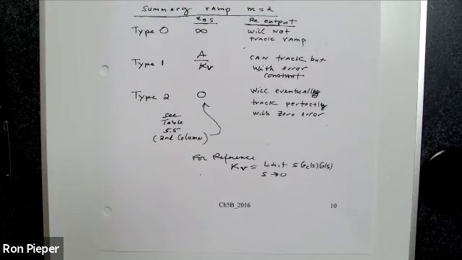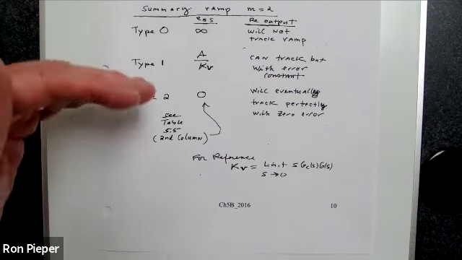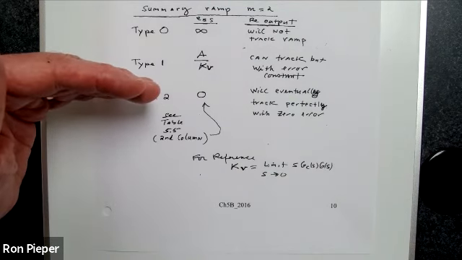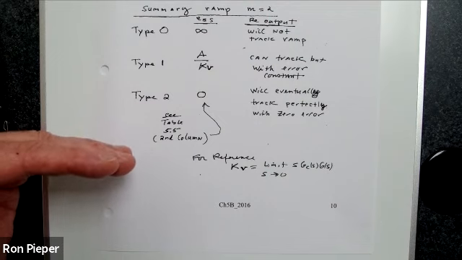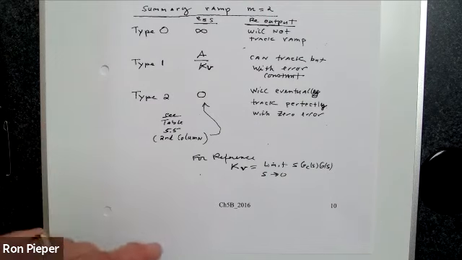Now let's just ask a hypothetical question. If I had, let's say, a 4th row, one labeled type 3, what might I expect my steady state error to be?